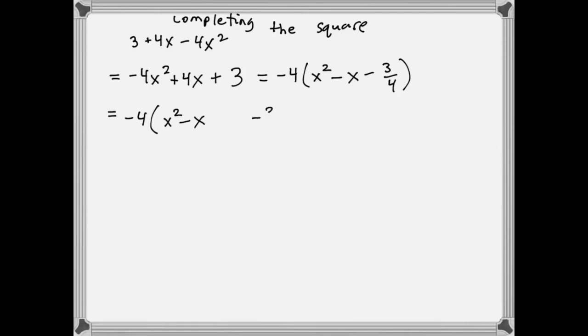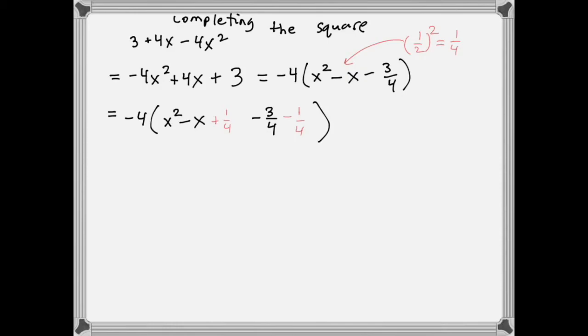So what we need to do is take half of the negative 1, square it, and then add that in. That completes the square, right? So half of this guy is 1/2, and then you square it, you get 1/4. So I'm going to add 1/4 to this, but then that means I also have to subtract 1/4.